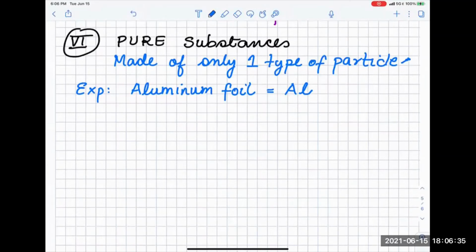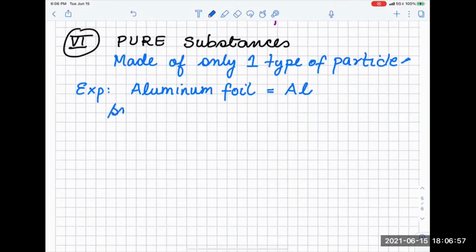If you take aluminum and take scissors and start breaking it up into smaller and smaller parts, the absolute last part that is left, that still retains the property of aluminum, is called an atom.